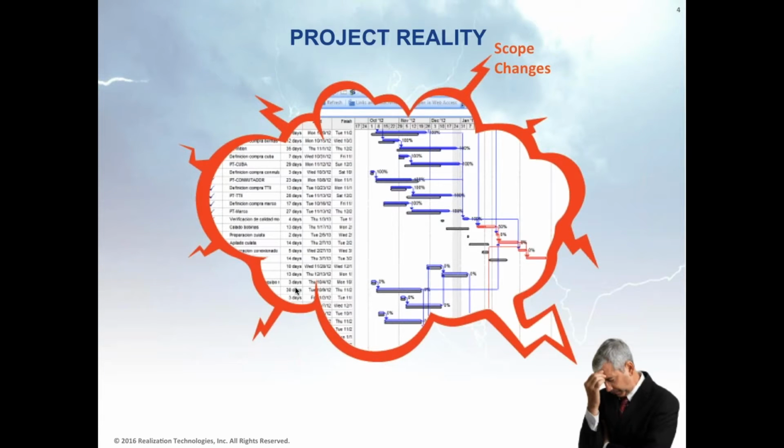You have scope changes, which means the entire structure of the project can change. You might have new tasks that need to be done. So the scope remains the same, but you have new tasks that need to be done to accomplish the scope.